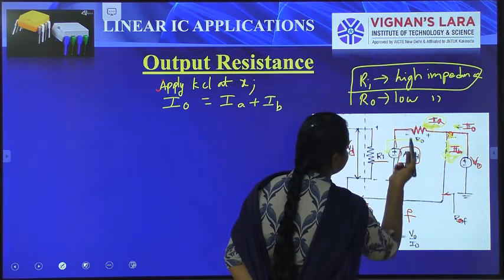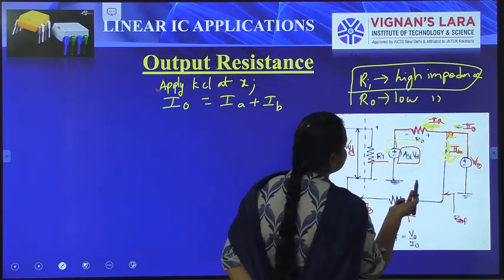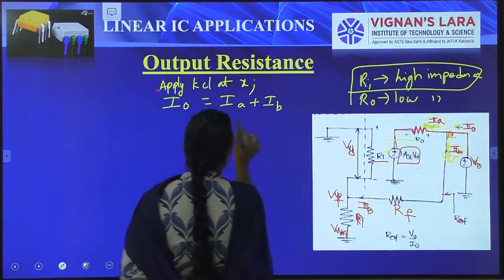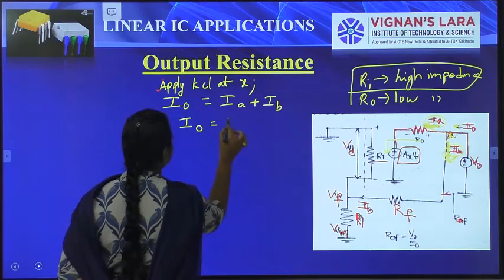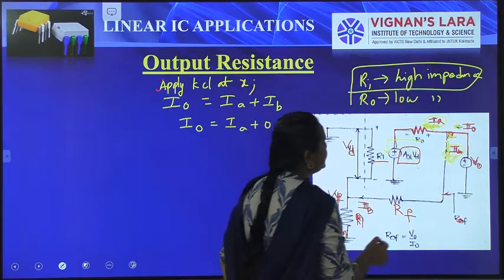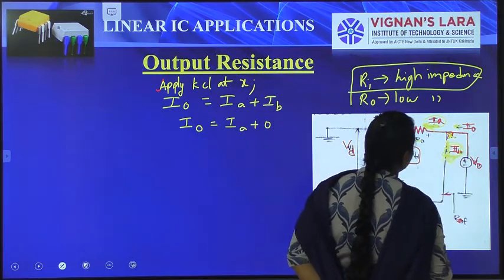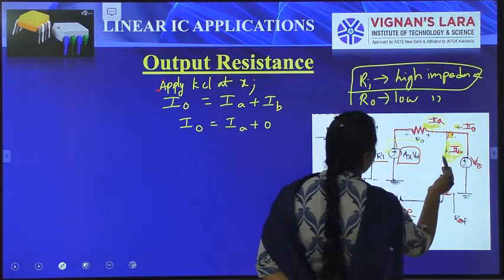So RI has high impedance compared to the output resistance. So here IA is greater than IB. So we can write I0 equals IA plus 0, since the current flowing through the output is very small.